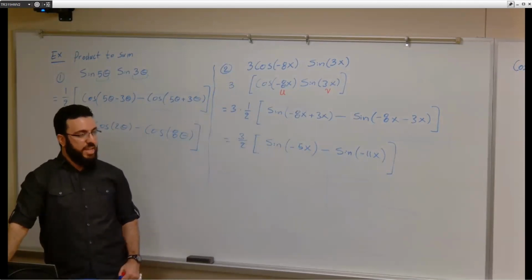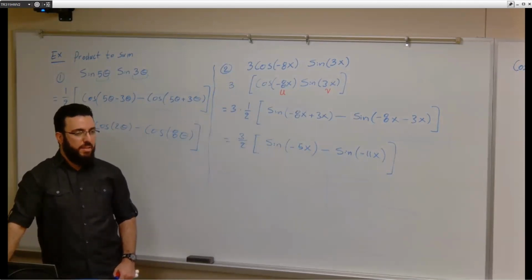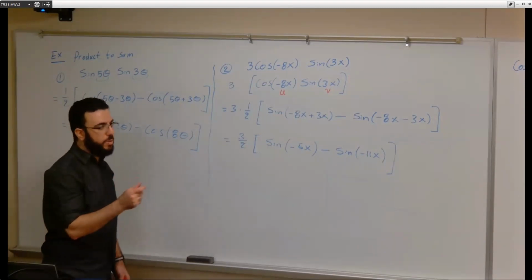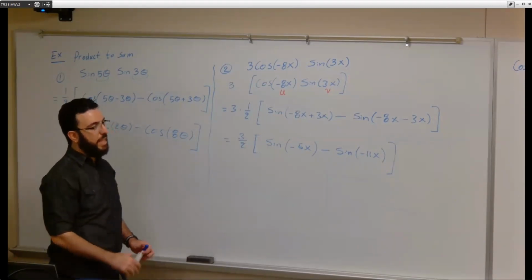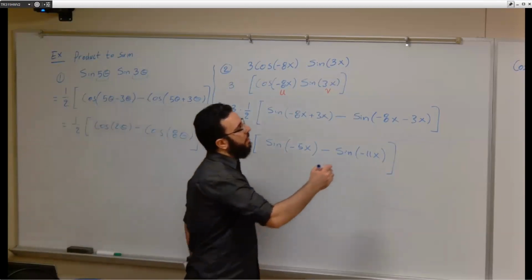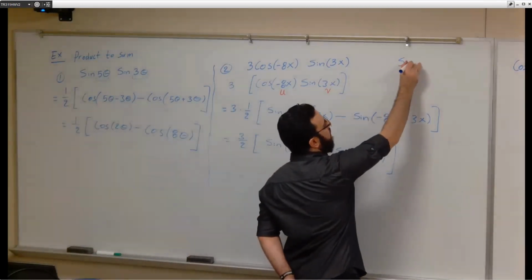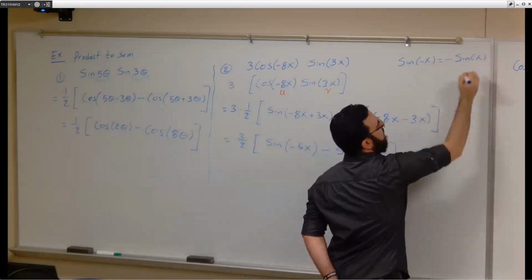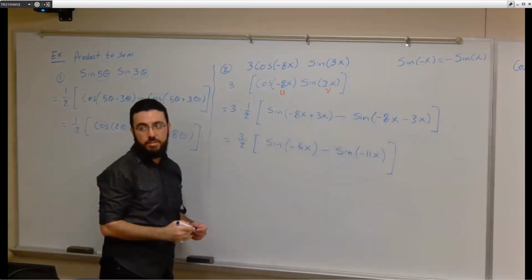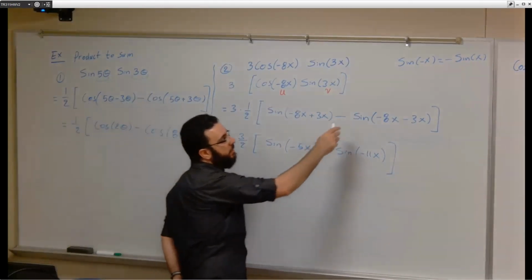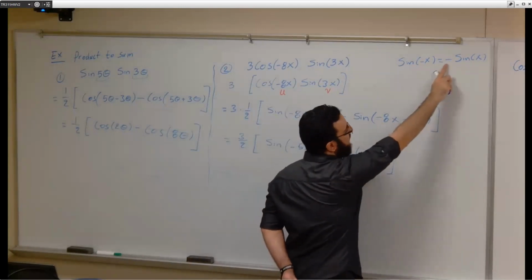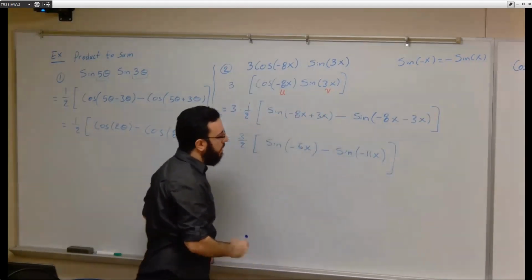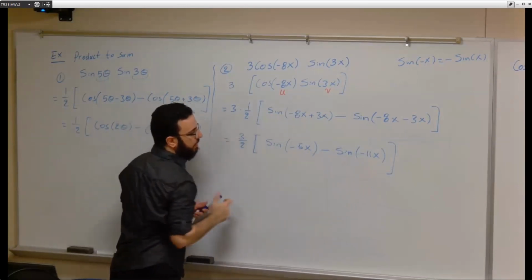Now, what's the next step? We have to do one more step. Remember, sine of a negative angle is negative sine of the angle. When you have sine of a negative angle, it's going to be negative sine of the angle. That means I can do this from here and here.